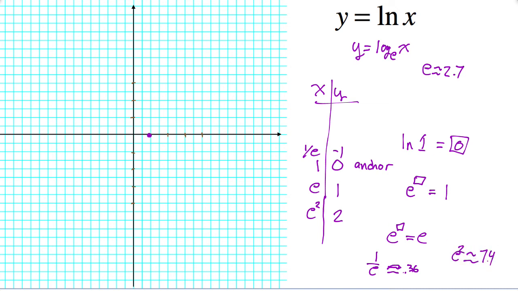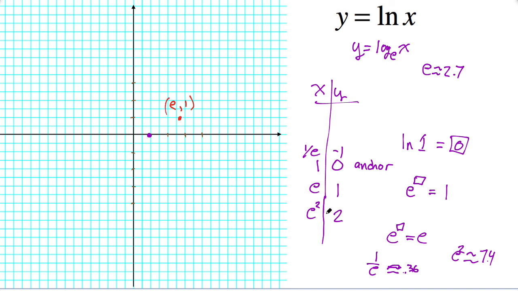So let's actually try to graph this. We've already graphed 1, 0. Now let's go over to e. So this is 1, 2, 3. Well, we want 2.7, 1. This is e, 1. How about e squared?